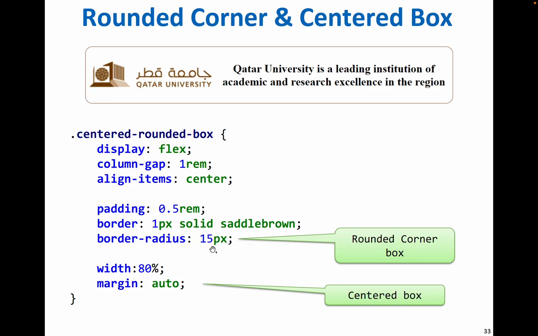So if you increase this number, it will be even more rounded. And the width is basically the size of this box. It is 80% of its parent tag. And margin auto means that it's a centered box, so it automatically calculates the space and makes it a centered box.